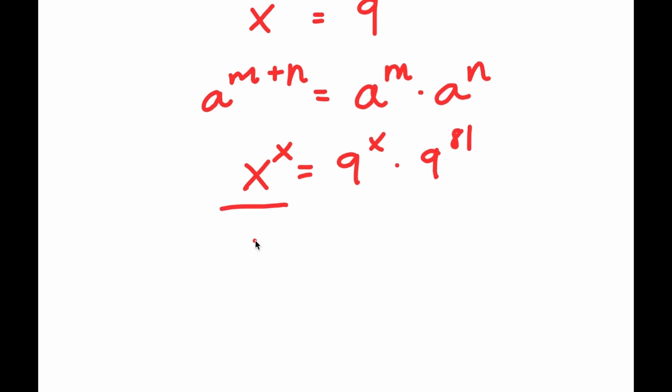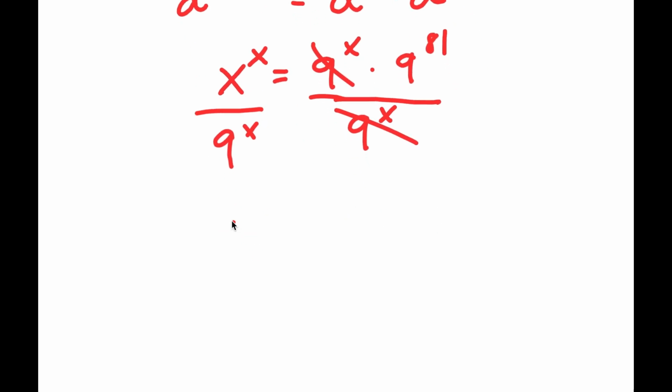Now, I'm going to go ahead and divide both sides by 9 to the power of x. So these two cancel out. Now I have x to the power of x over 9 to the power of x is equal to 9 to the power of 81.